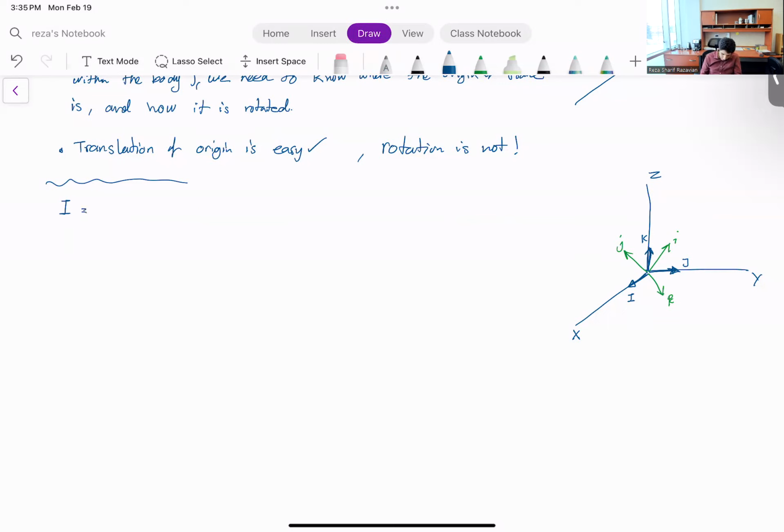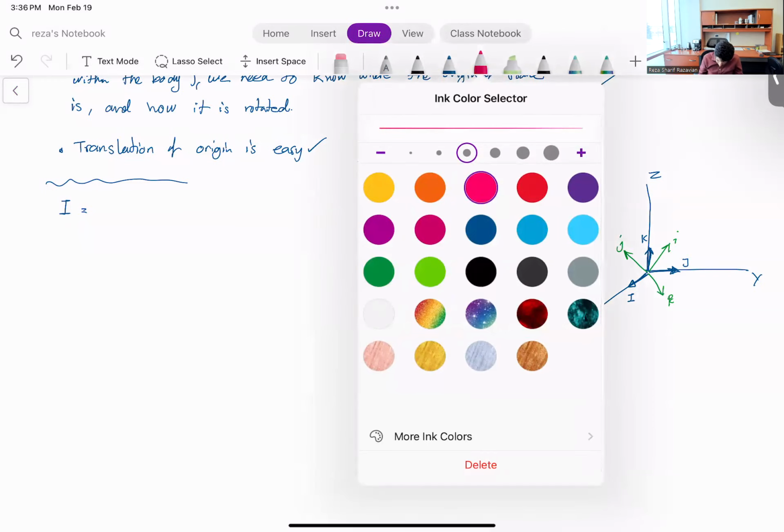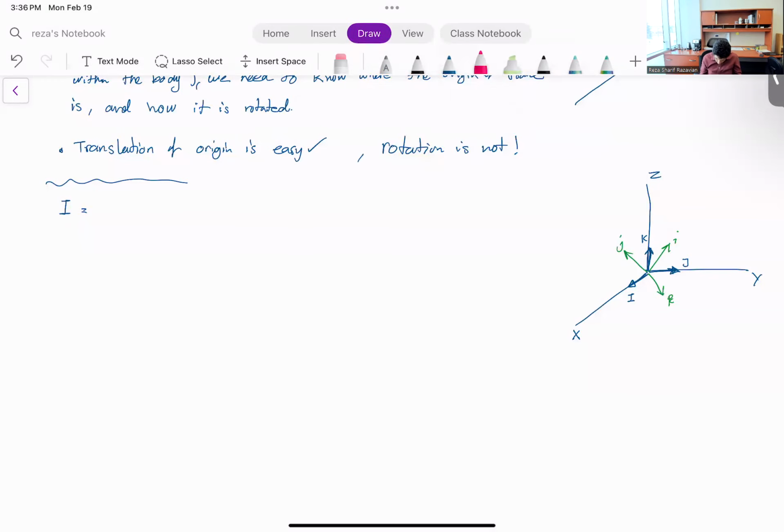This vector I can write as a summation of its components along the little i, j, k. So let me try a third color. And to do that, I can find the projection of this vector I on the three other green ones, the little ones.